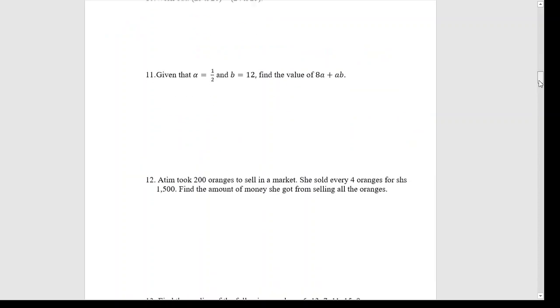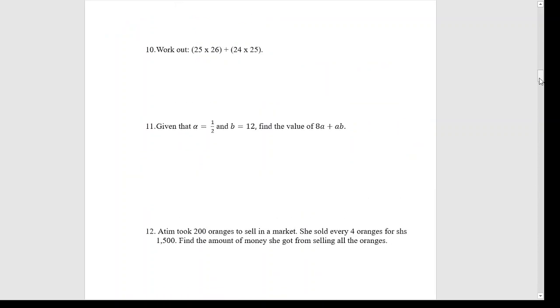Wow. Now let us go to our last number in this first segment of PLE, and this is number 10. It is saying work out 25 times 26 in a bracket plus 24 times 25. When you look at this one, it takes us to what we call the distributive property. Distributive property means that there are numbers distributed in all the brackets, so we have to identify the number which is common to all brackets.